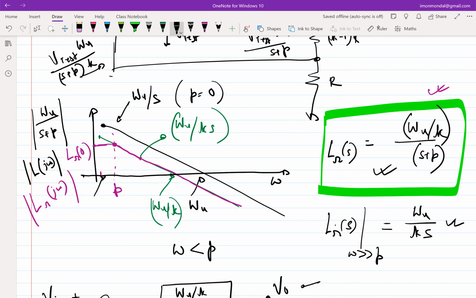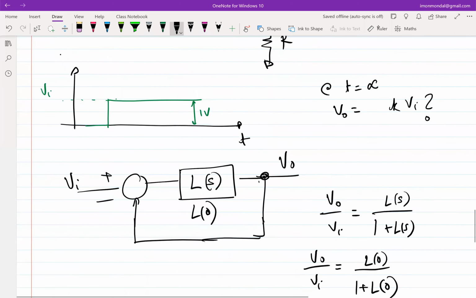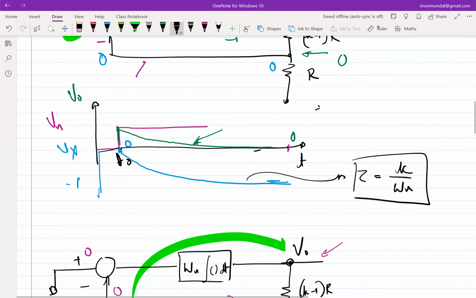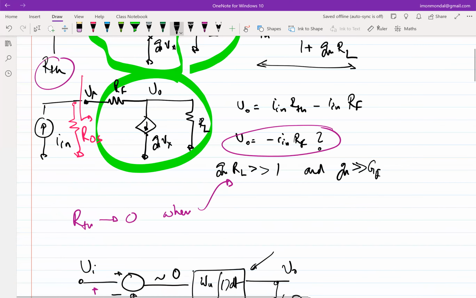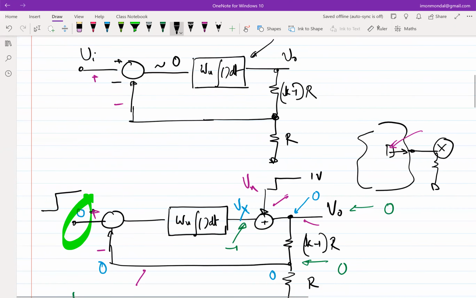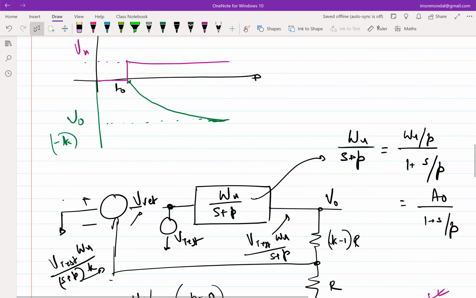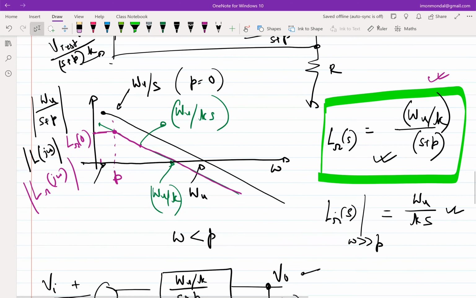So before the next class, what I want you to do is make a note of the things that I have asked you to do yourself. So find out the transfer function from various parts of the loop to V0. Then figure out using Bode approximation whether indeed this magenta line will cut the green line exactly where I have shown here.